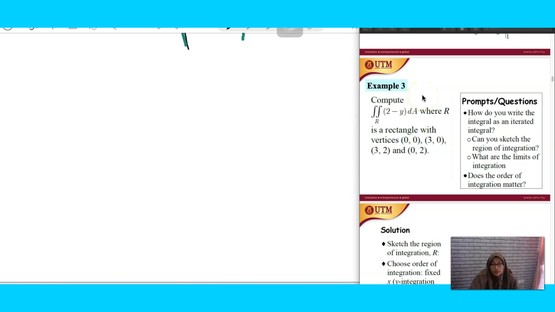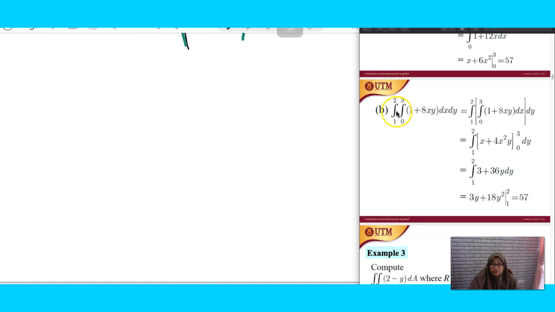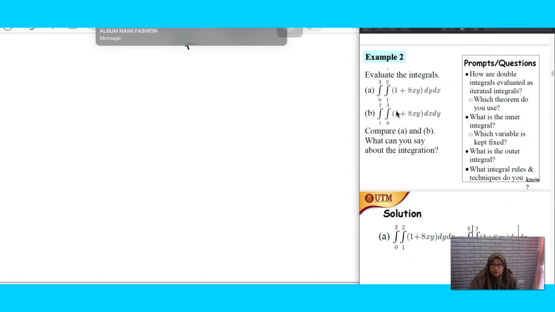Okay, next, example 3. This is a bit different compared to the previous example, where the limit and the integrand were all given. We just had a complete double integral to evaluate.